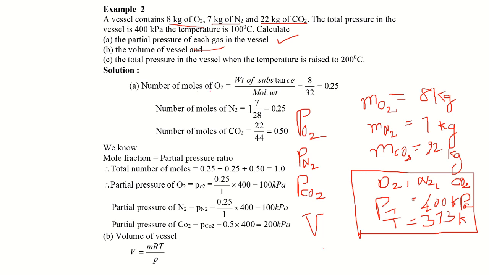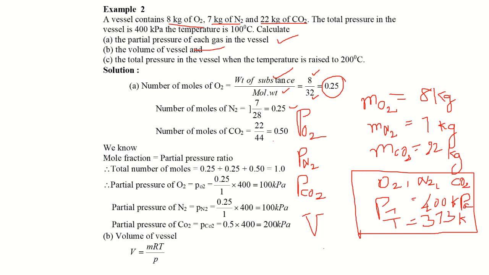Weight of substance is 8 kg divided by molecular weight 32, so you will get 0.25. You can call it N1. Number of moles of nitrogen: 7 kg divided by its molecular weight 28 gives 0.25. Number of moles of carbon dioxide: 22 kg divided by its molecular weight 44, you will get 0.5.